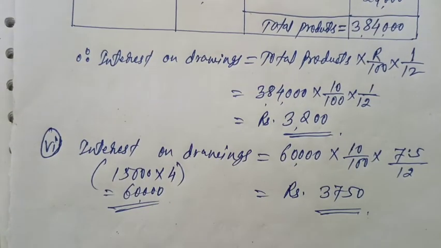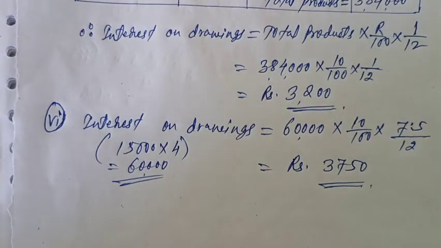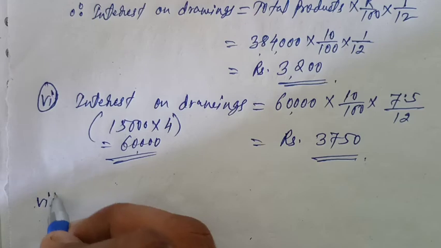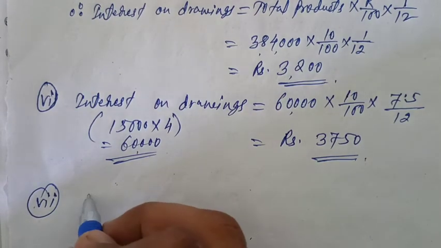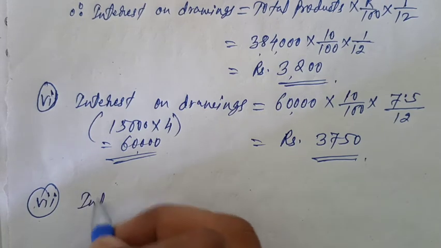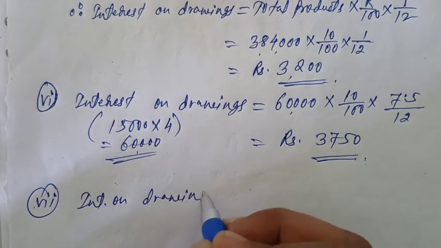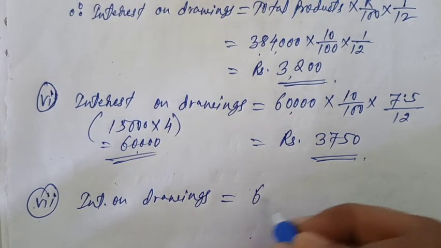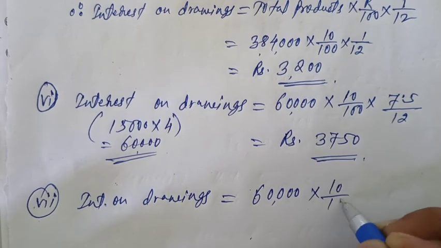Okay, next we'll proceed for next point number 7. Okay, in point number 7 it is given, if we withdraw 15,000 at the end of each quarter. Now the end case, okay, at the end of each quarter it is given, and for this you have to take 4.5 months as average period.